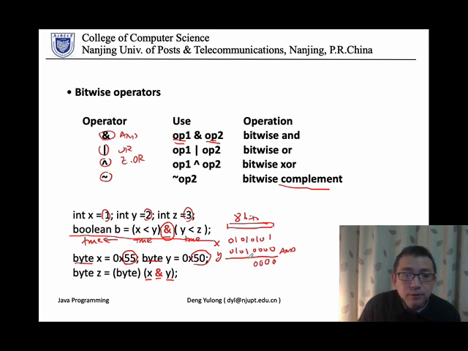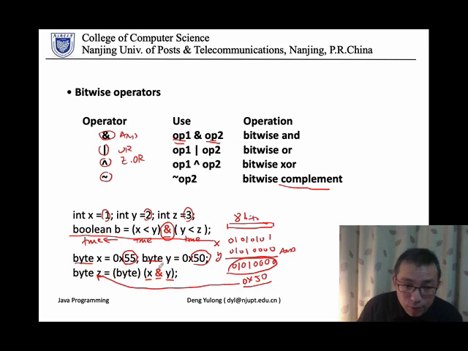Then 1 and 1 gives 1, and the same for 0, 0, 1 and 0. So we got the result. The result is the same as 50 in hexadecimal. So this is the result. We assign this value to z.